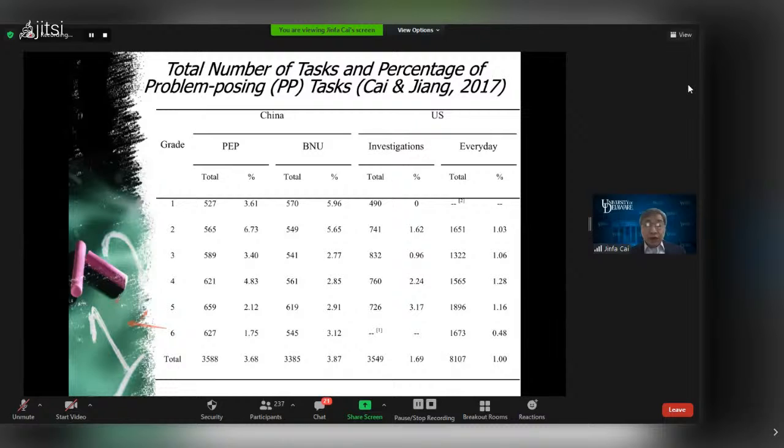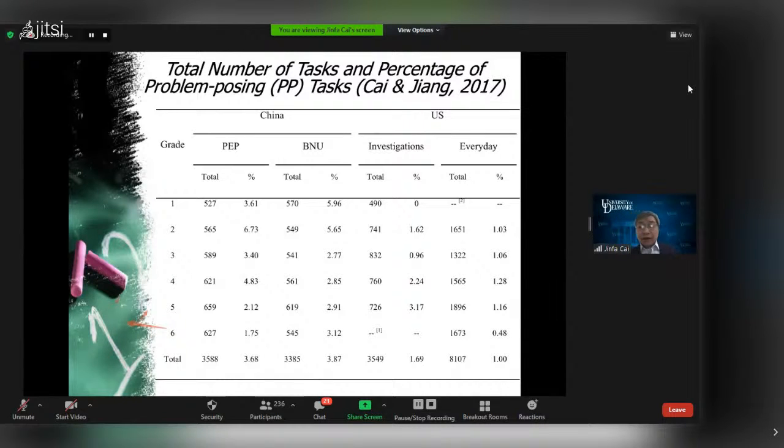So here is the total. What we did is that we simply did the counting. It's a very labor-intensive way. We first identify each mathematical activity, then code how many of them are mathematical problem posing activities.